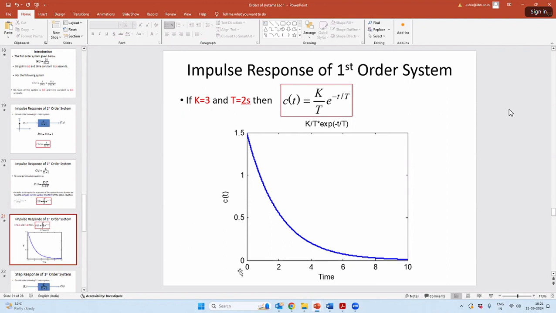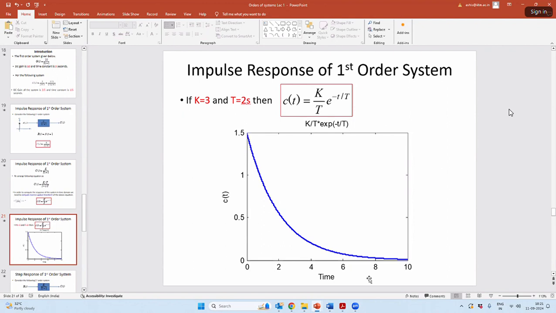Okay. So you can see that for an impulse input, basically when time t is 0, your output is k by t, that is 3 divided by 2, which is 1.5.